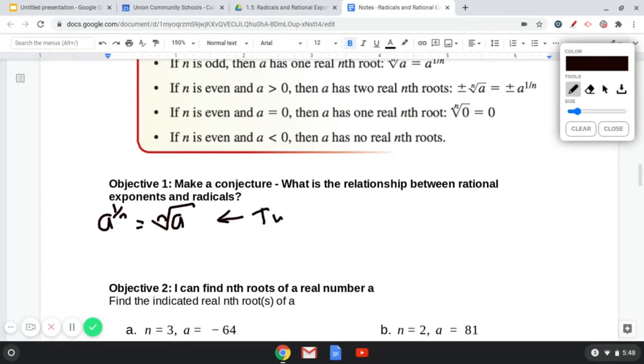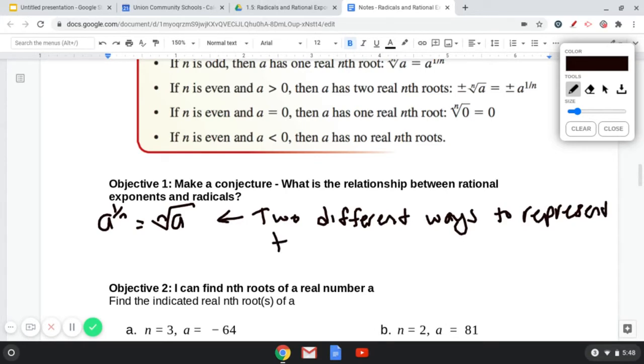So these are 2 different ways to represent the same value. So this means that 2 to the 1/3 power is equal to the cube root of 2. Same thing, just 2 different ways to write it.